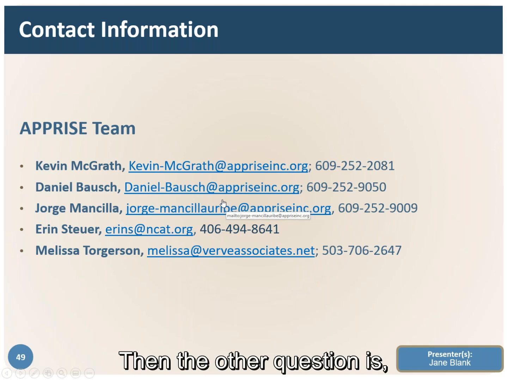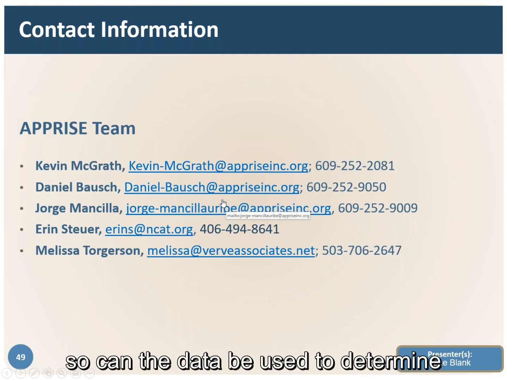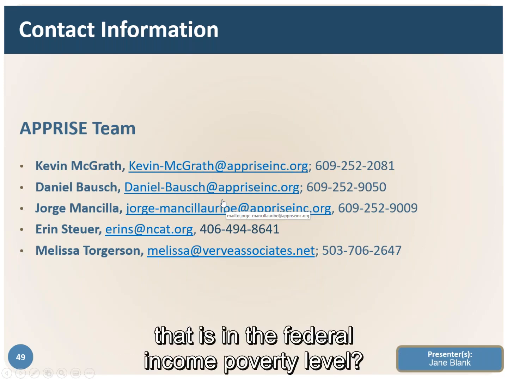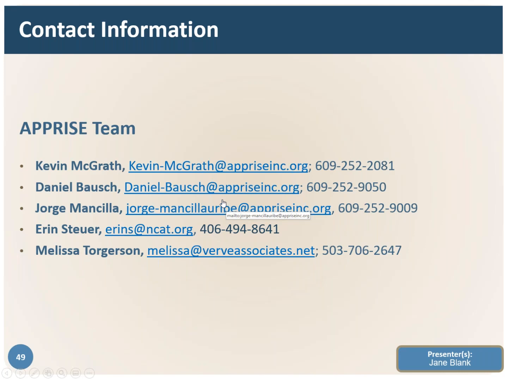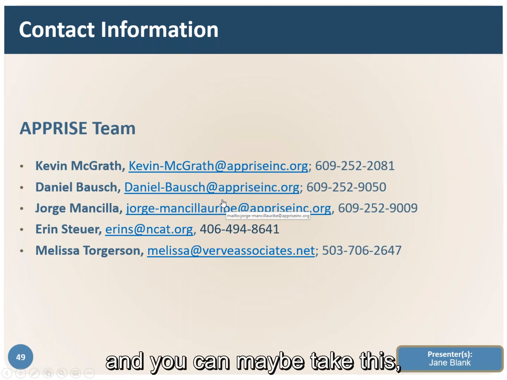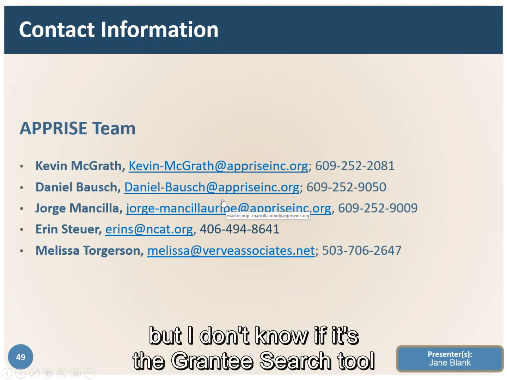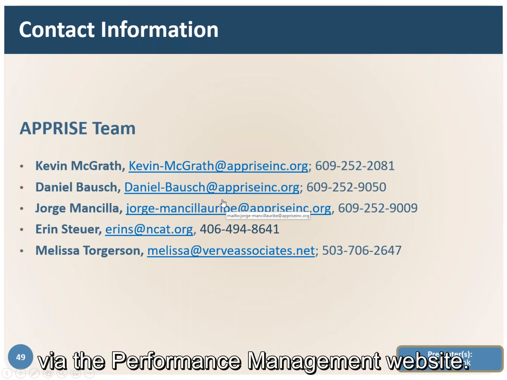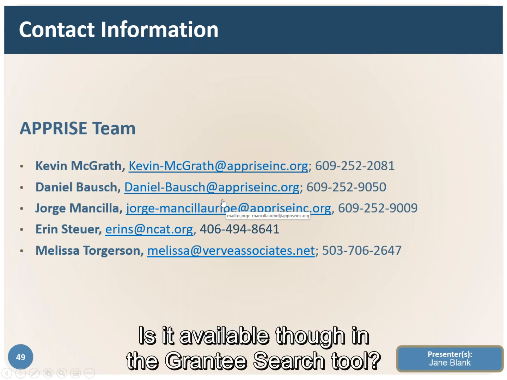Then the other question is, can the data here, and this refers to the tool, be used to determine the percentage of the state's population that is at the federal income poverty level? Jorge, I don't know if it's the Grantee Search tool that would provide you with that information, but that information is accessible on the data warehouse via the Performance Management website. Is it available in the Grantee Search tool?